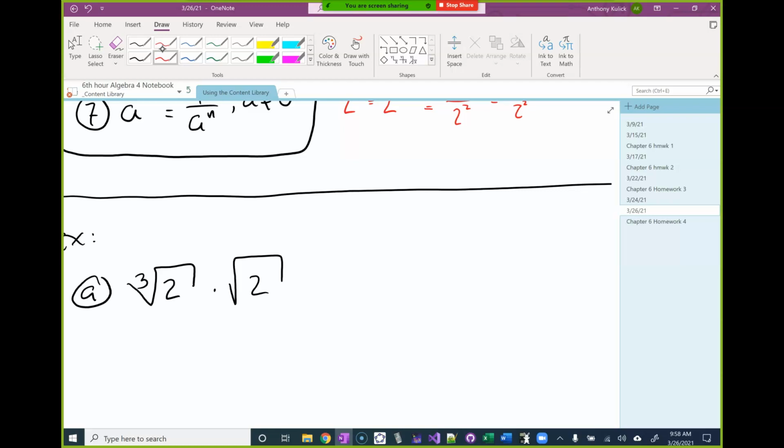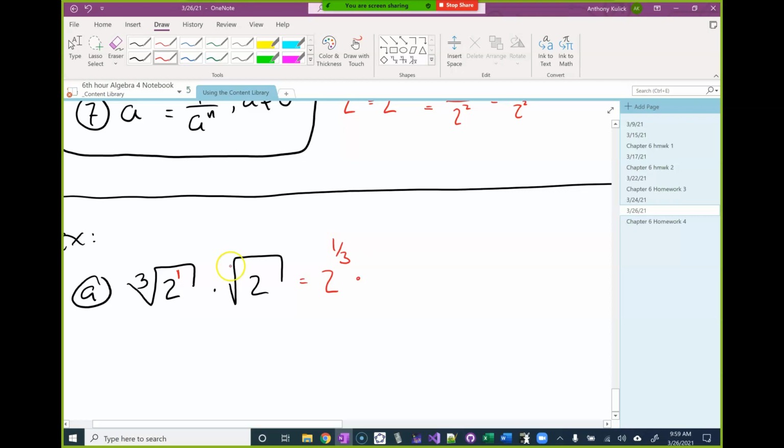So I noticed that the 2's are both primes, so I don't need to worry about doing a prime factorization. And now I'm just going to convert them into exponential form. So the first one, I know the exponent there is a 1, even though it's not written. So that's going to be 2 to the 1/3.